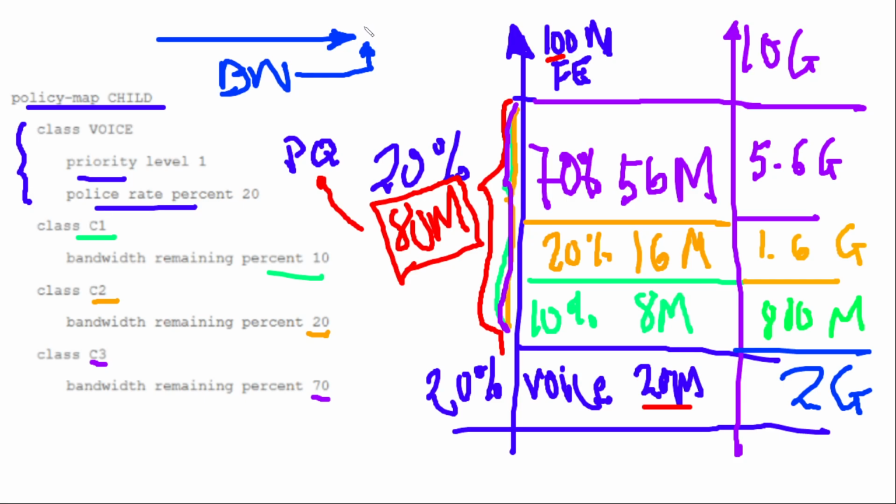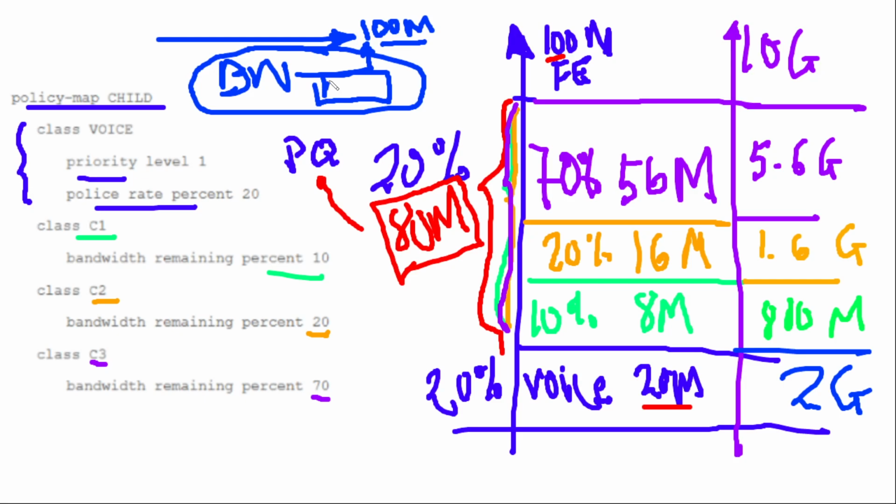So if I am using a Fast Ethernet interface, the bandwidth command automatically gets mapped to that interface rate. However, remember that the interface bandwidth command can be changed. So you can change that bandwidth, and that is the total bandwidth that will be used for these calculations. That's it.